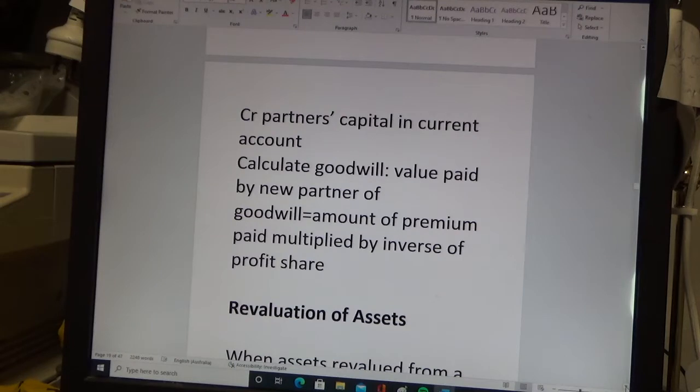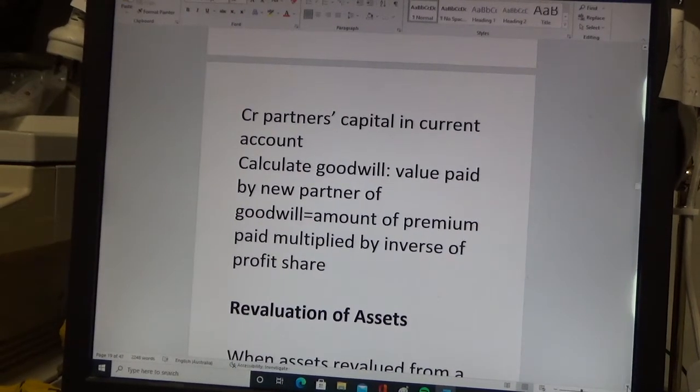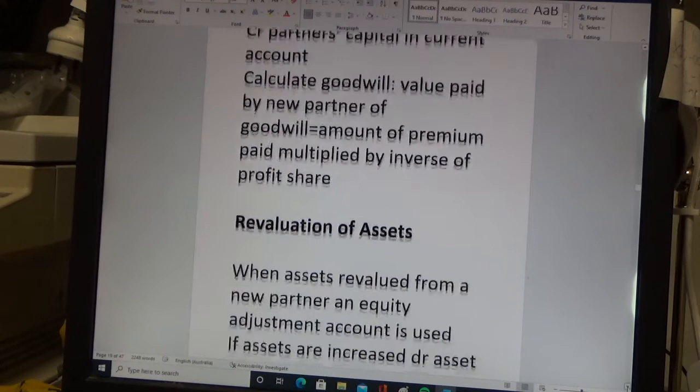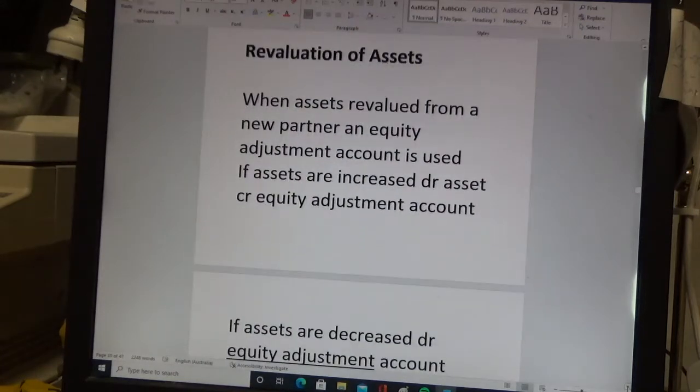Well, as I mentioned before, goodwill is like the premium that the new buyer, the partner, adds over and above the intrinsic value of the partnership. In companies, goodwill is amortized, reduced in value, similar to depreciation, but partnerships don't have financial statements. That's one advantage of them. But there's disadvantages too, we mentioned.